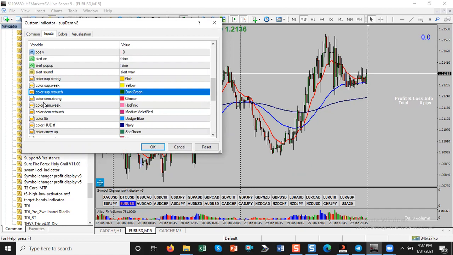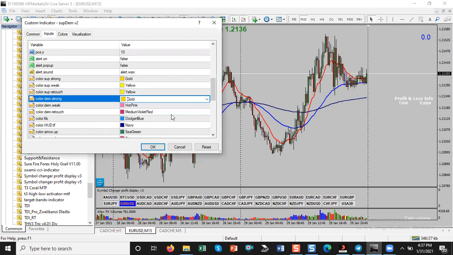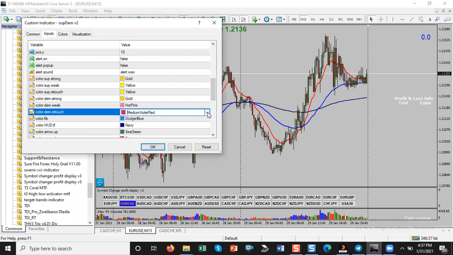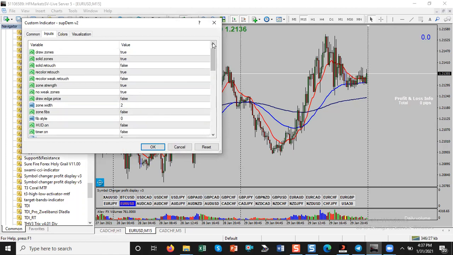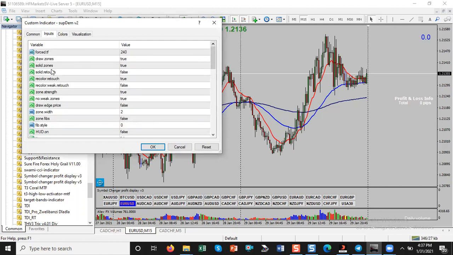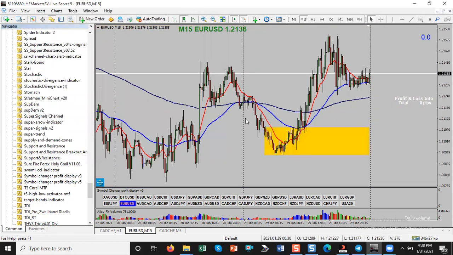Then color demand strong, the same gold, and on retouch we use yellow. Then the retouch, I want it to be on a solid zone, so I need solid retouch. Make it true. Then click OK.